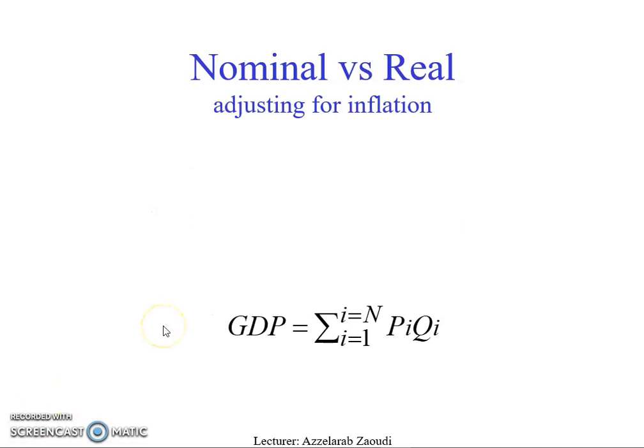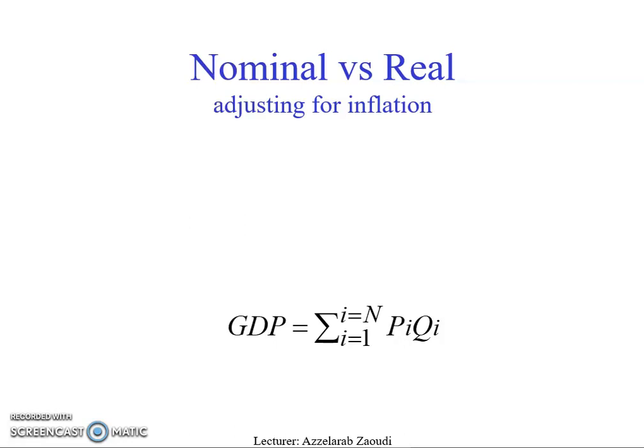Okay, so let's now move to nominal versus real GDP, and for this we actually need examples. Basically, GDP is an aggregate. When I say an aggregate variable, it is a synthetic indicator of a set of elementary variables. So if an elementary variable is, for example, the price of a specific good or service, the corresponding aggregate would be the price index of a set of goods.